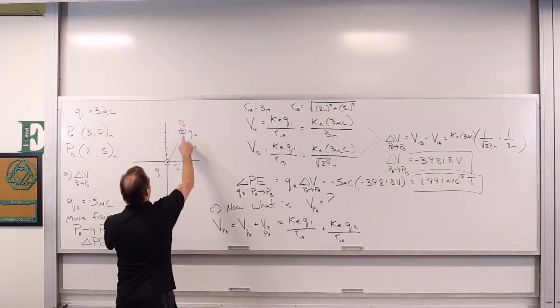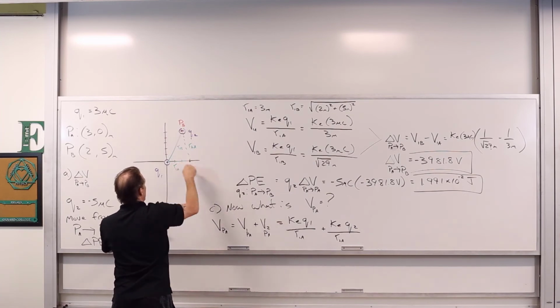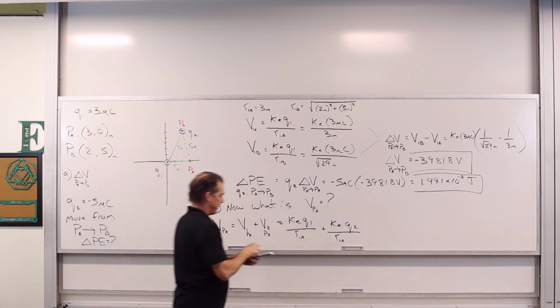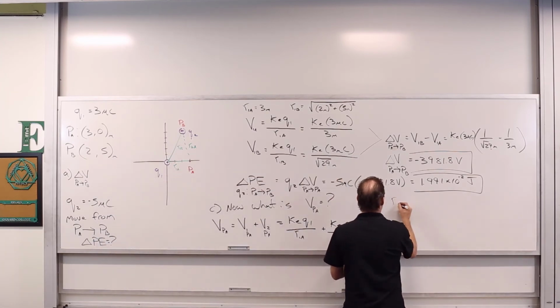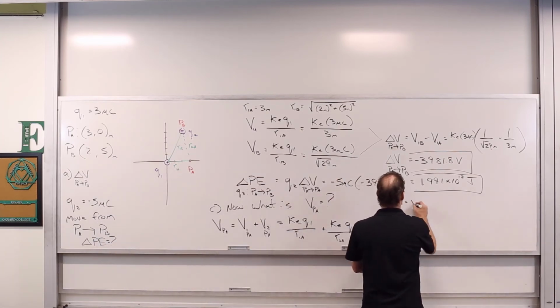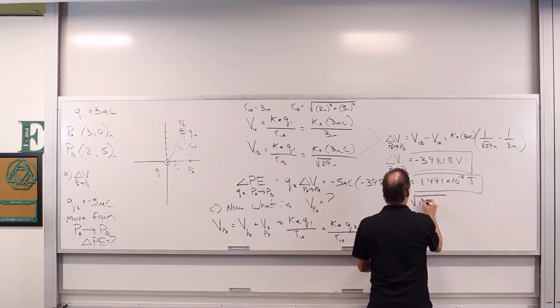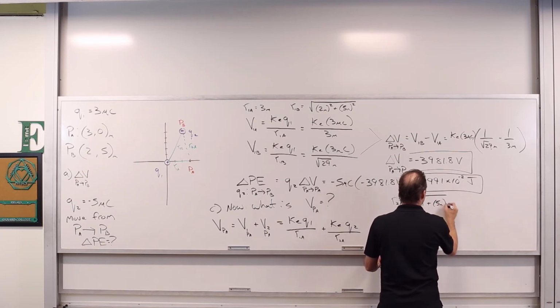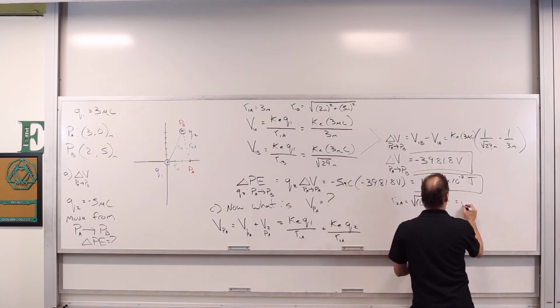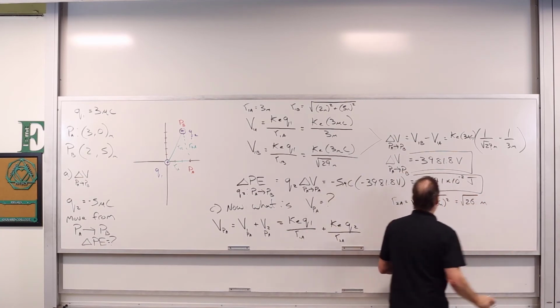And again, we've got a little triangle here we can make. The hypotenuse of that triangle, we've got a base of 1 and a height of 5. So R2A is going to be equal to the square root of 1 meter squared plus 5 meters squared, which is root 26 meters.